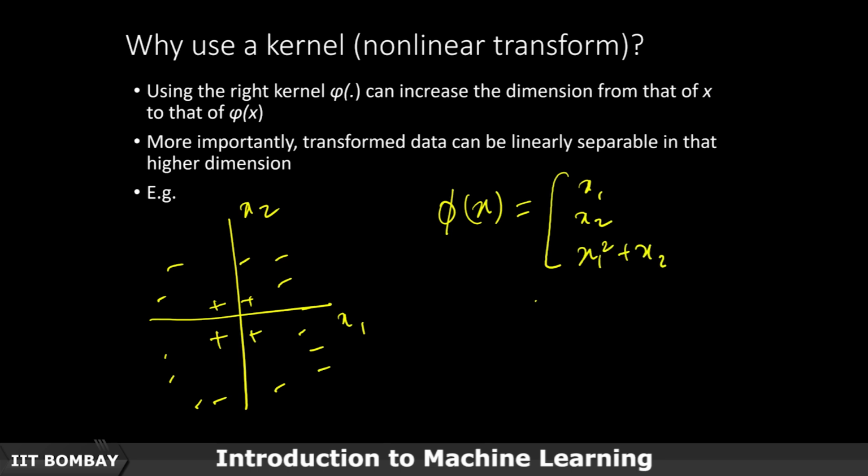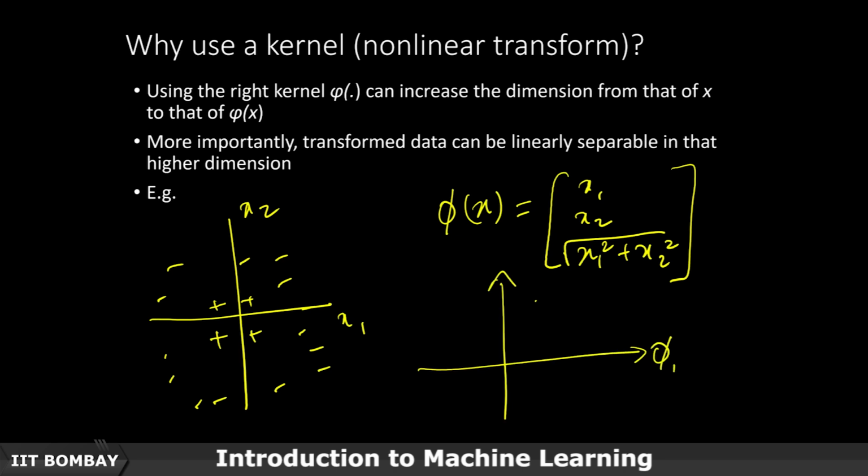So this is a 3-dimensional feature now, where in the phi space I have phi 1, which is the same as x1, I have phi 2, which is the same as x2, and then I have phi 3, which is the 3rd dimension, okay, and that third dimension basically is how close are we to the origin.